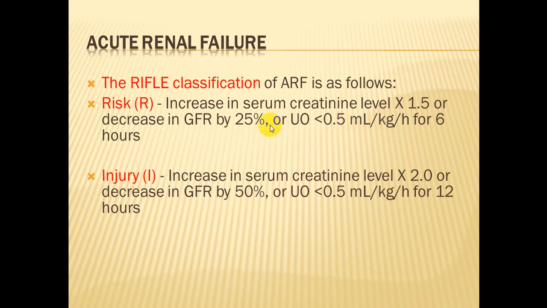This is R. For I, injury, there is an increase in the serum creatinine level multiplied by 2 or a decrease in GFR of up to 50% and urine output less than 0.5 ml per kg per hour for 12 hours.